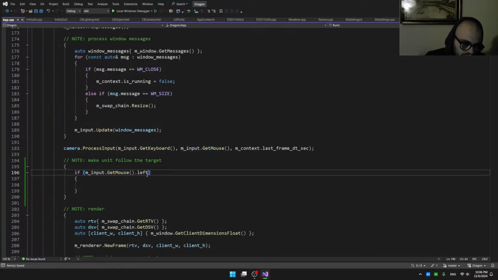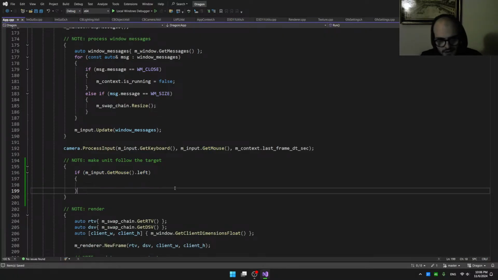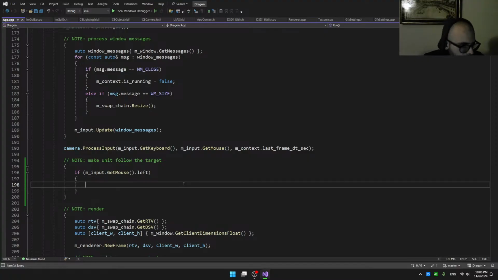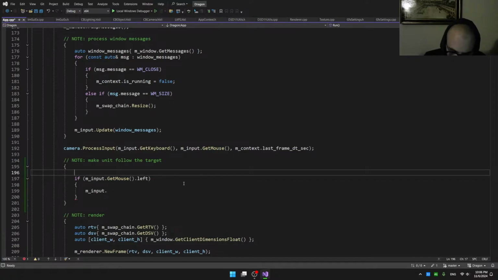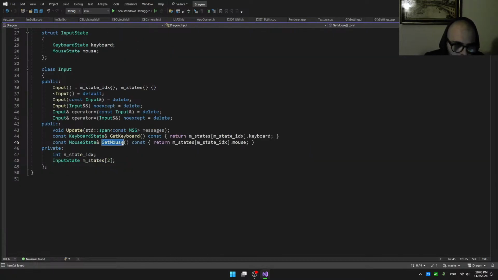If input.getMouse.left, what happens? Well, it happens that the unit, so m input dot auto mouse, m input dot get mouse. This get mouse, okay.